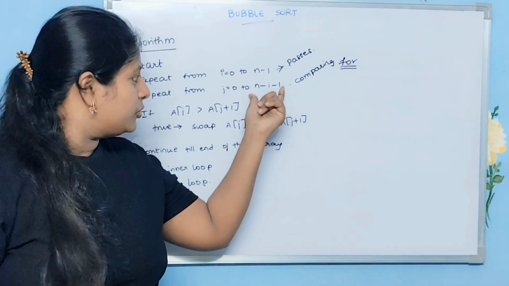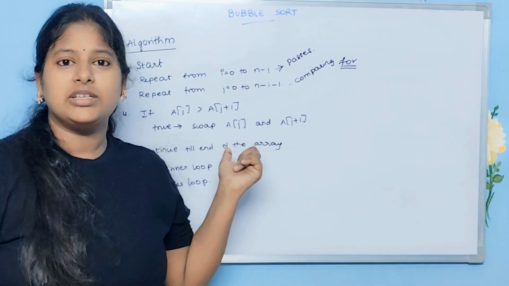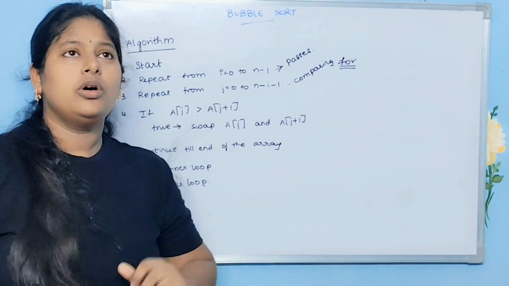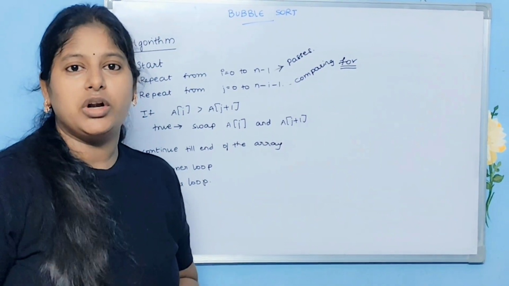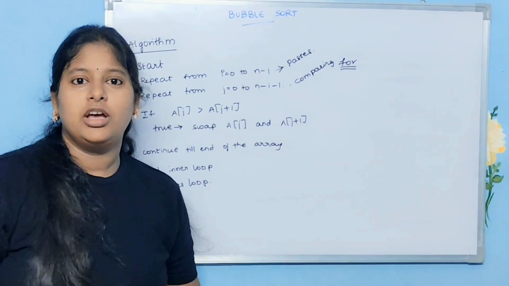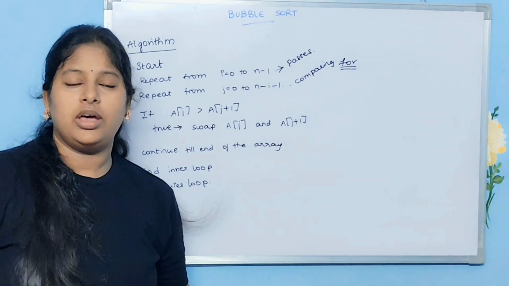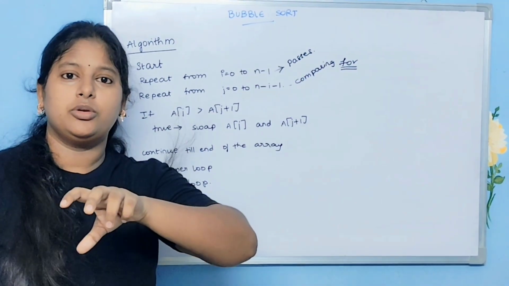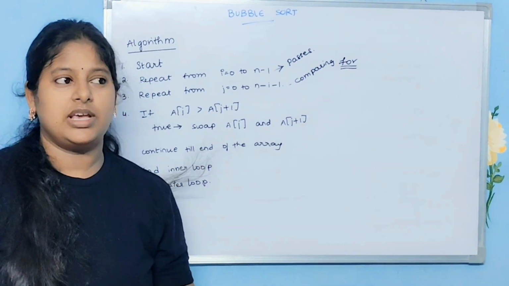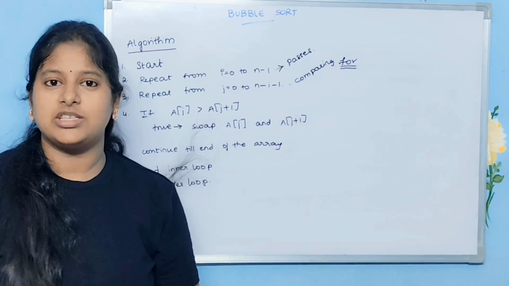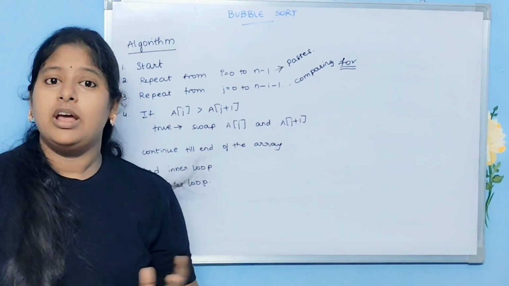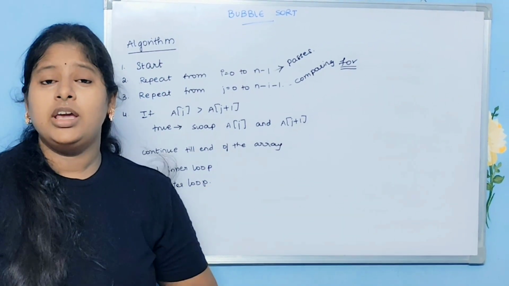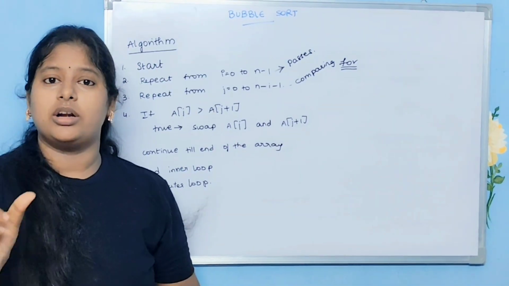Otherwise, if you don't do this, you will write it as n minus 1. For example, in the first pass, you got the highest element in the last comparison. Finally, you have moved it to the last position. Say, A of 4th position is the last position, and you have moved it over there. In the second pass, should I include that sorted element again?